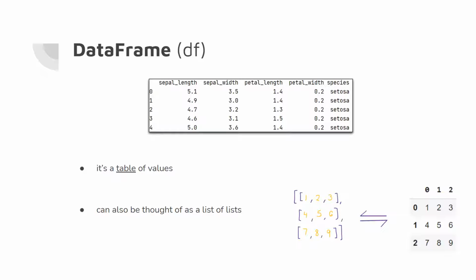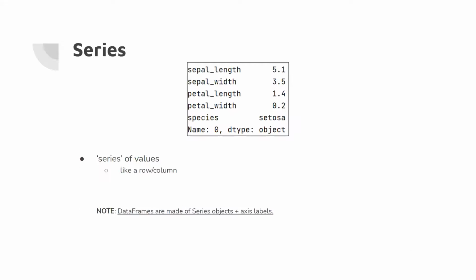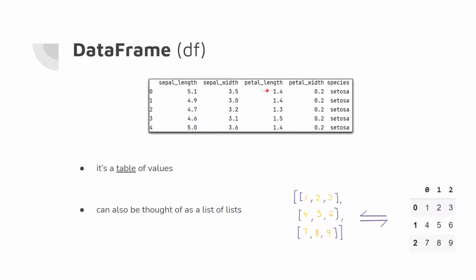Now, the next Pandas class that I want you to think of is series, which you can think of as a row or as a column of these Pandas data frames. If you look over here, this sepal length column can be considered a series object. And the data set is made up of multiple series objects.